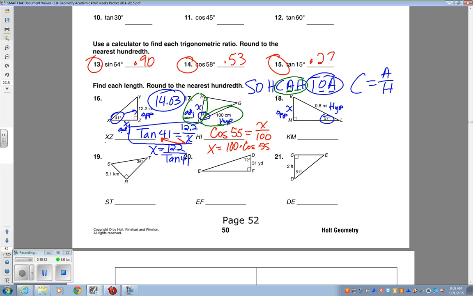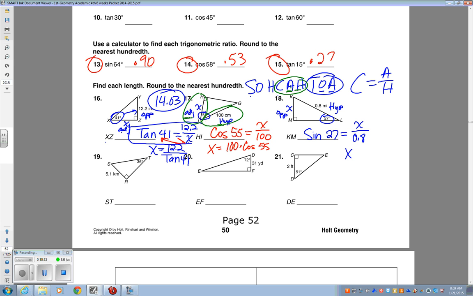So it's going to be sine. Which one has an O and an H? That's the sine. So we write the sine of 27 equals, in the ratio, opposite over hypotenuse. What is the opposite part? That's the x over 0.8. Yes, x is on top, so that means to multiply.